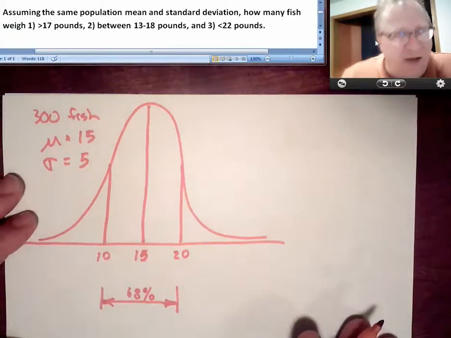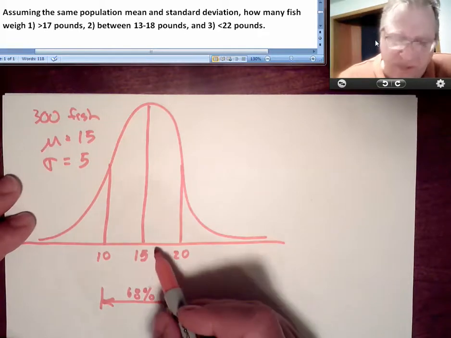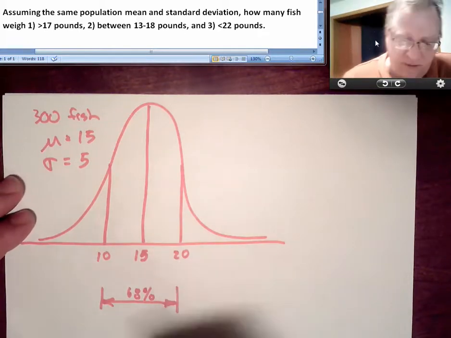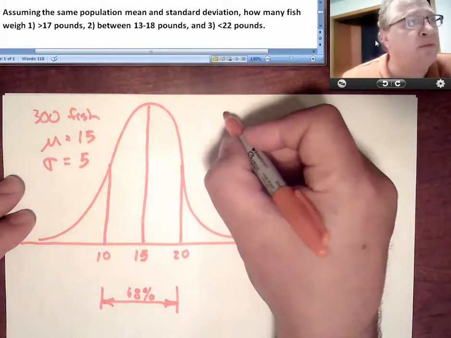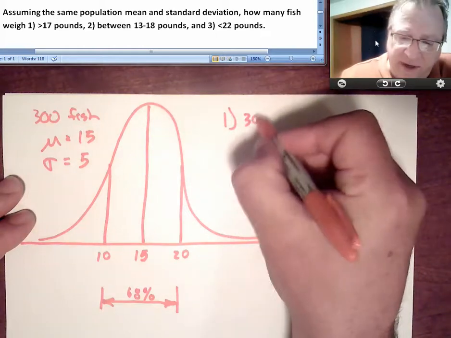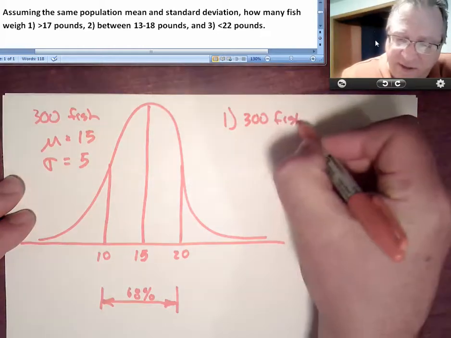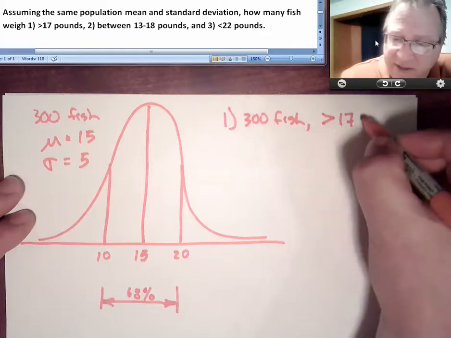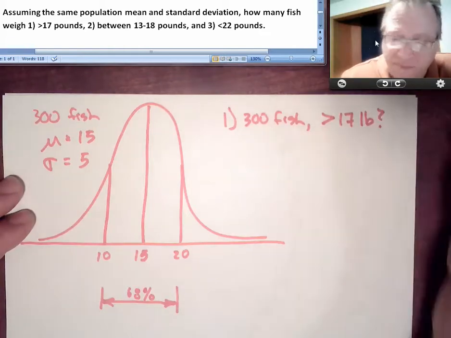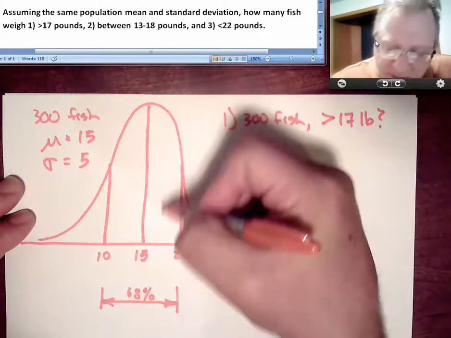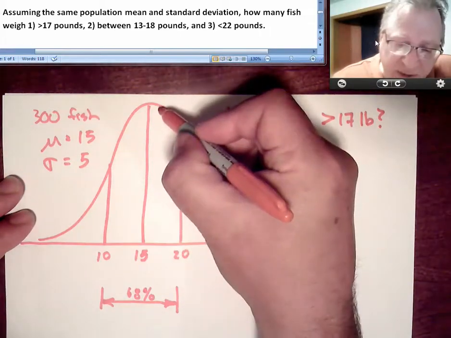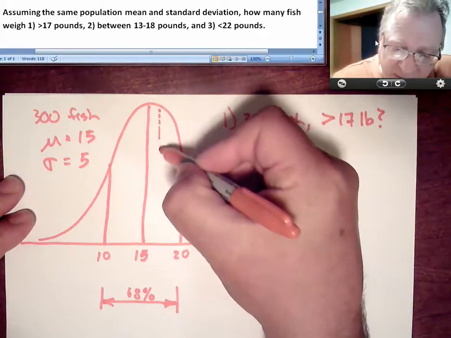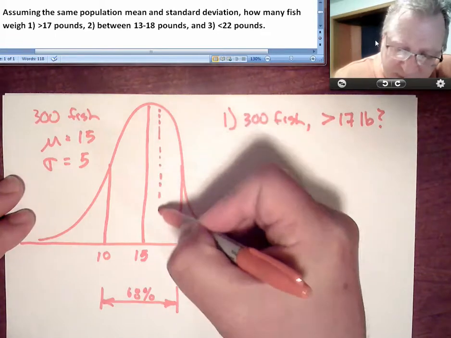But now, what do we want? We want to know, number one, 300 fish, how many are greater than 17 pounds? Well, let's draw 17 pounds in here. It'd be about 2/5 of the way between those points.